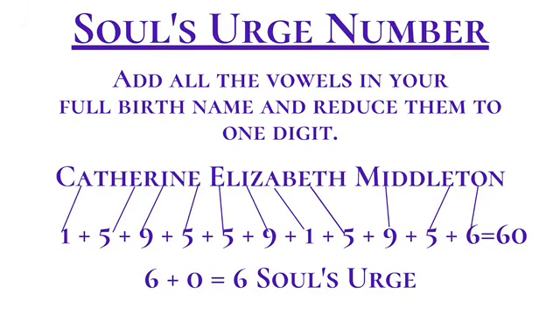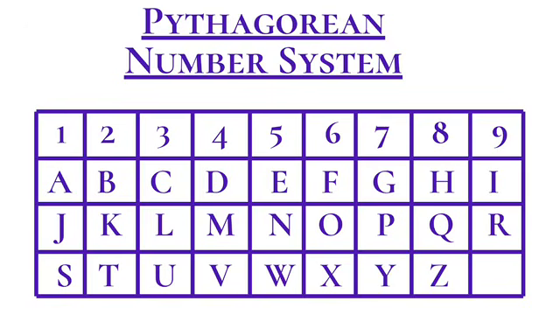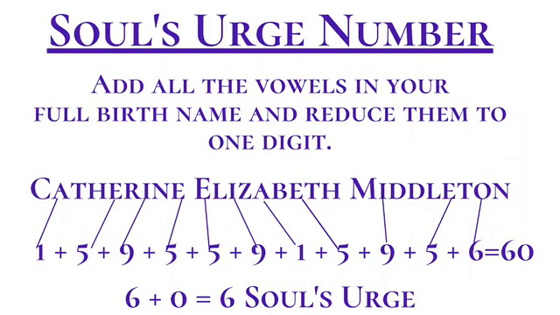So for this number, we are going to add all of the vowels in your full birth name, all of the vowels in your first, middle, and last name on your birth certificate, and we're going to reduce them to 1 digit. So we're going to use the same Pythagorean chart that we did before, and we're going to look up all of the numbers that correspond to the vowels in your first, middle, and last name.